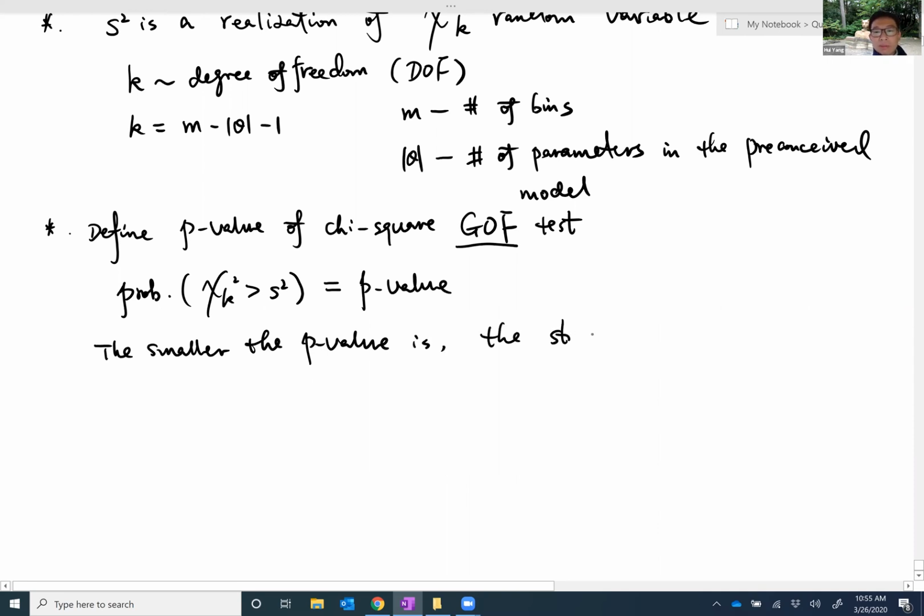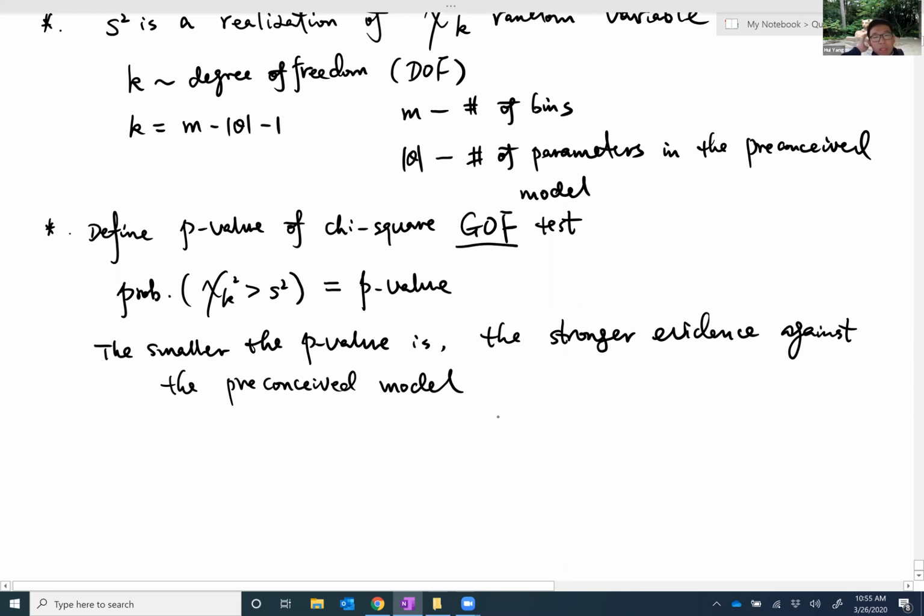The stronger evidence against the preconceived model. So why is it smaller?